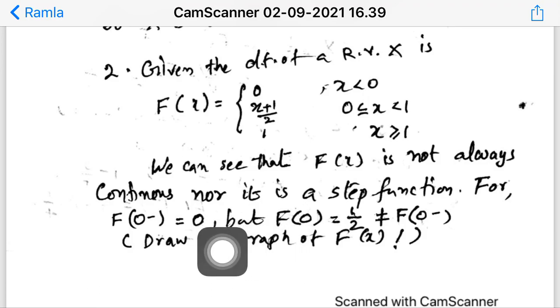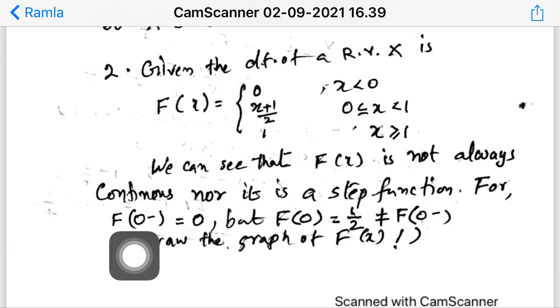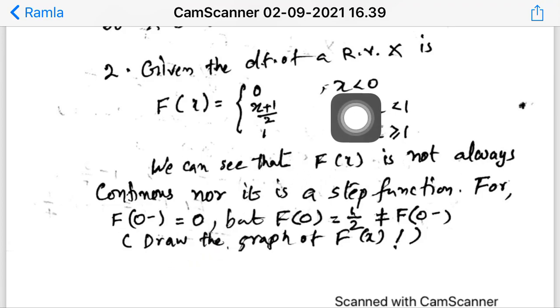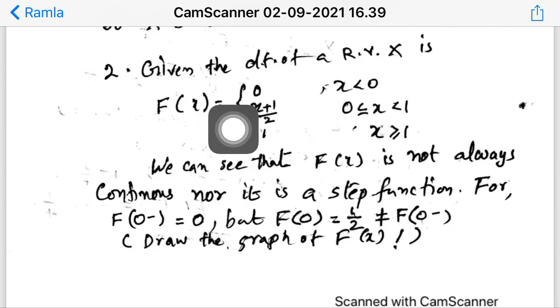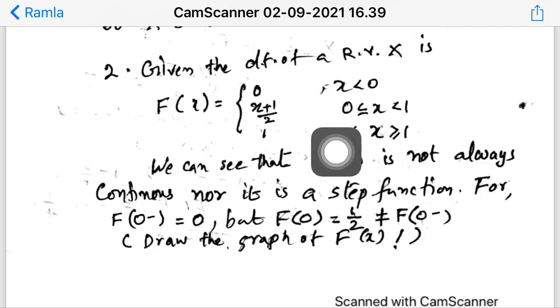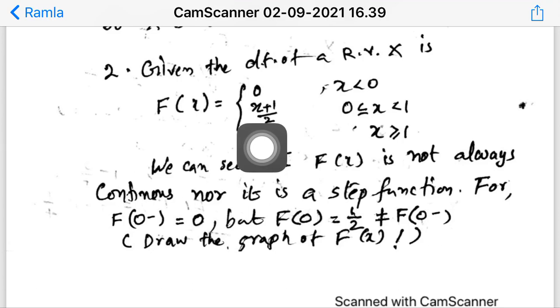How do you compute F(0-)? F(0-) can be computed using the range x less than 0, where F(x) equals 0. But at x equal to 0, you have to utilize the formula (x plus 1) by 2.